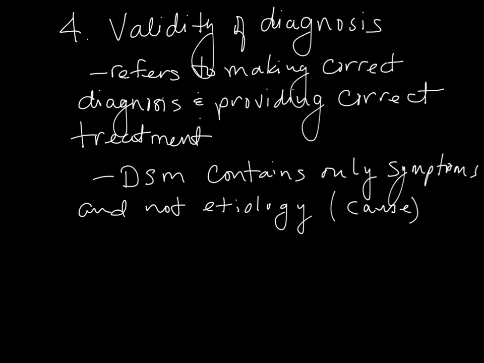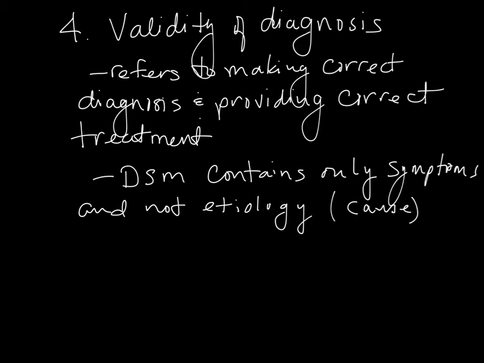When we have decided what a diagnosis is going to be and how reliable that diagnosis can be, the next thing we have to do is find out if the diagnosis is valid. And here in the study guide, the validity of a diagnosis refers to receiving the correct diagnosis.